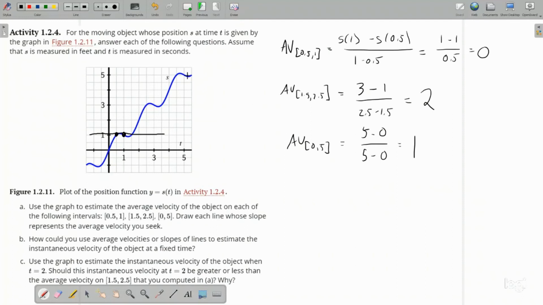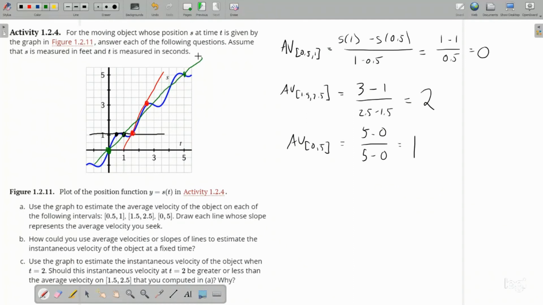And let me change different colors. Let's use red for the next one. So between 1.5 and 2.5, 1.5 is here, 2.5 is here, and we get a line that looks like that. And if we use 0 and 5, we get a line that looks like that.